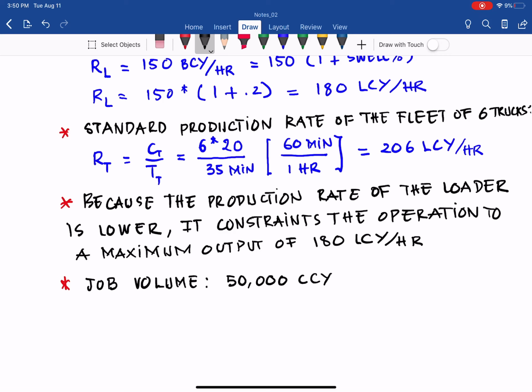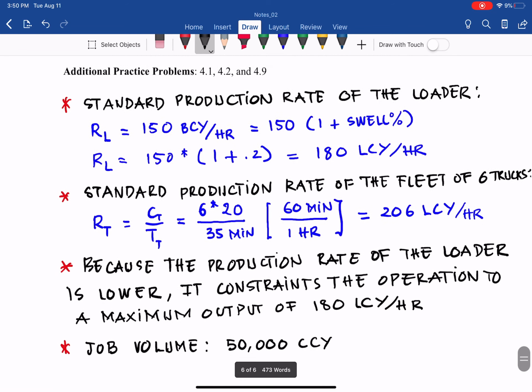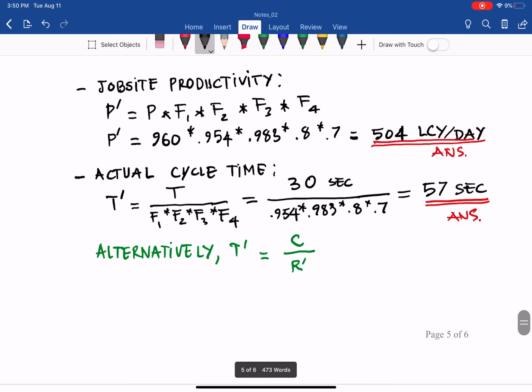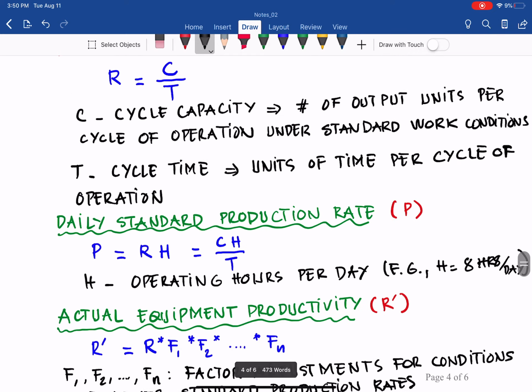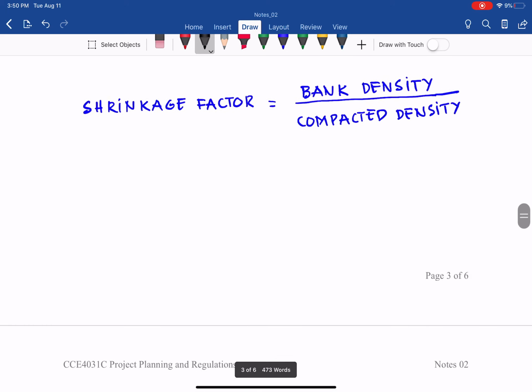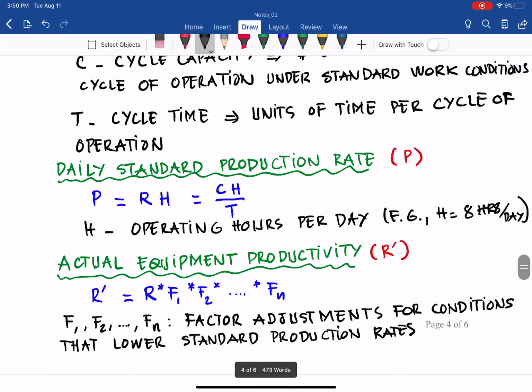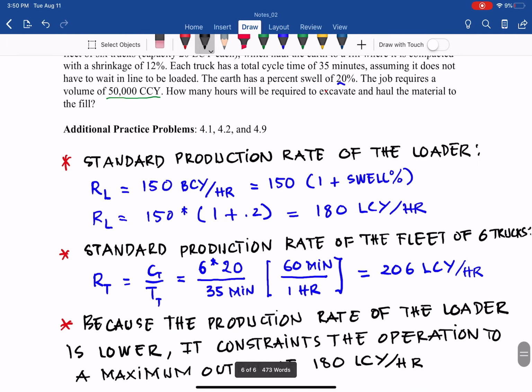And to convert to the bank cubic yard, we need to divide by shrinkage factor. Okay, so let's go back to review what we learned in that equation here. Shrinkage percent equal to 1 minus shrinkage factor. So shrinkage factor equal to 1 minus shrinkage percent.